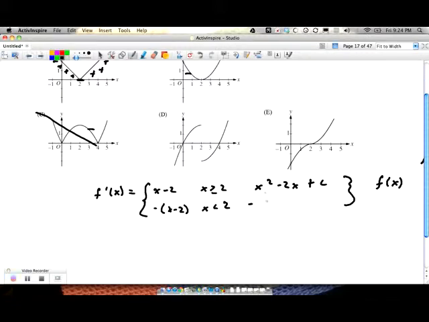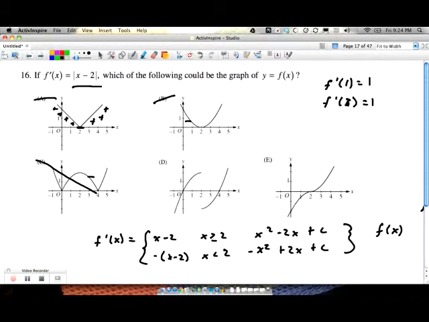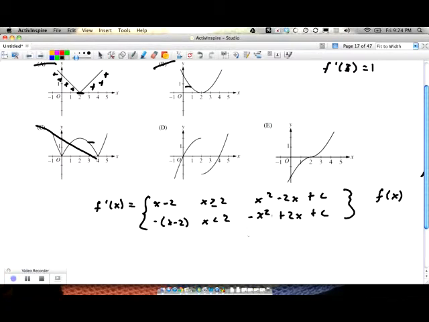So it's going to be negative x squared over 2 plus 2x plus that constant. Do we know anything else about this function? Which of the following could be a function? So we've got a negative parabola here, plus 2x plus c, and we've got a positive parabola. Well, I would say that D might actually be our answer.